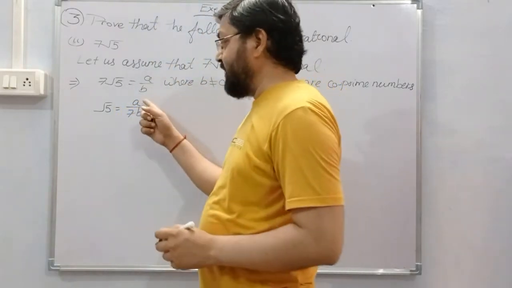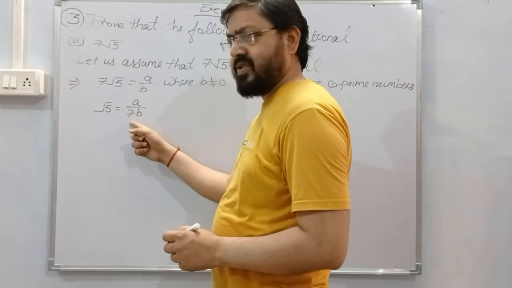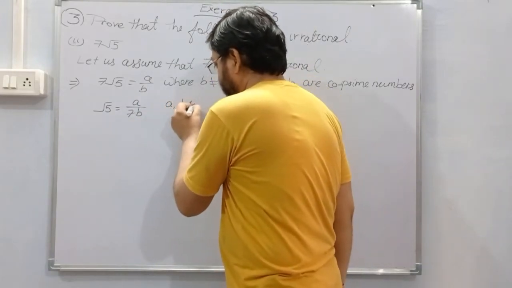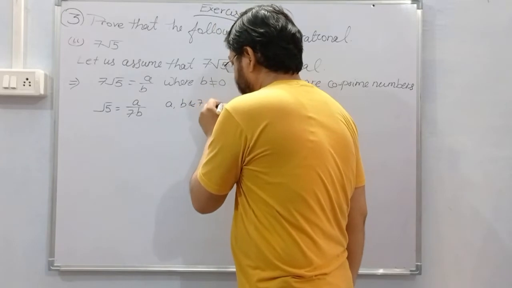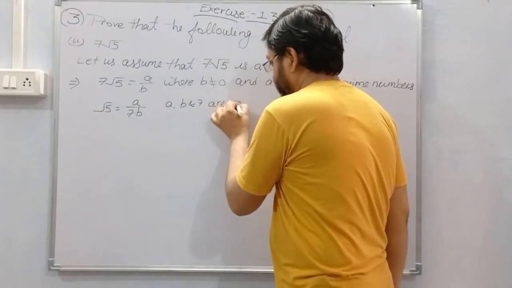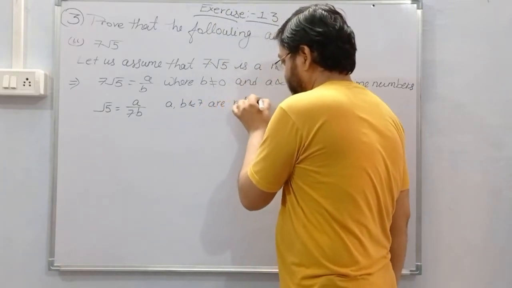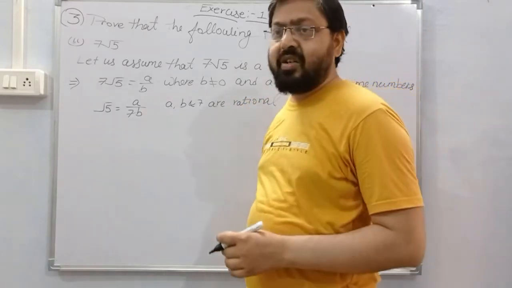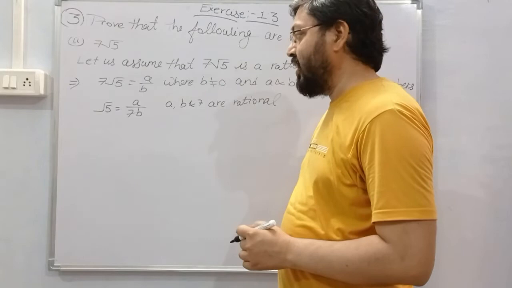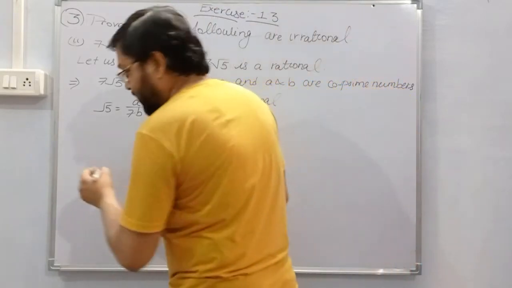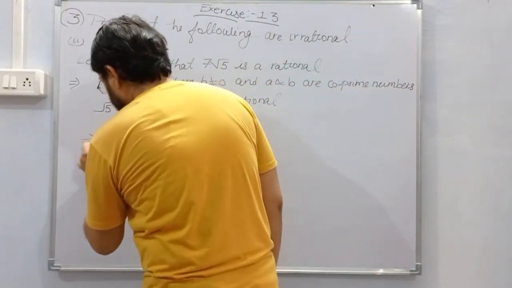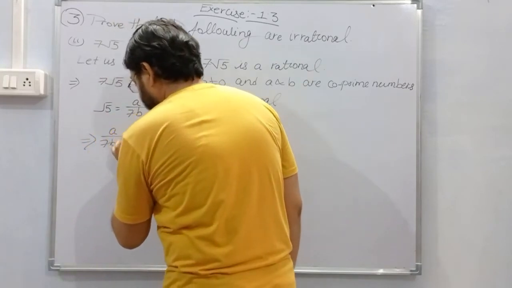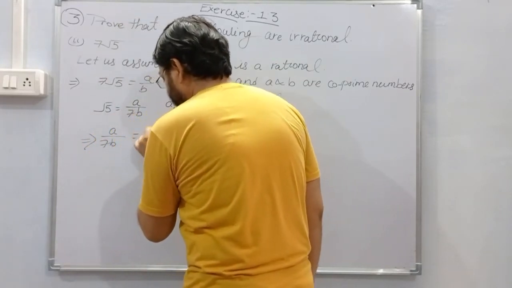Here a, b and 7 are rational. When we divide a rational by a rational, we get a rational. Means a upon 7b is rational.